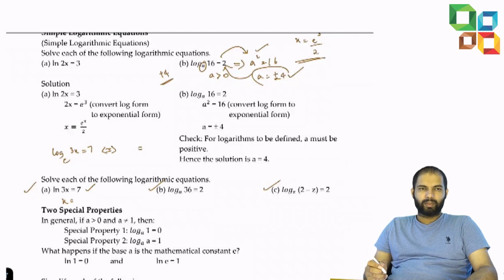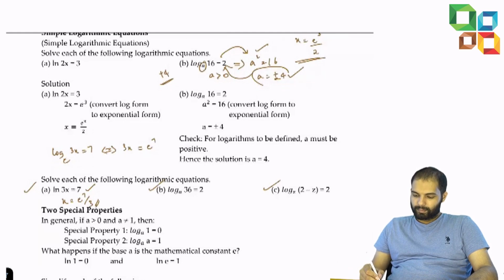Try to answer. It's fine, it's wrong. That's why e to the power 7 by 3. e power 7 is equal to 3x, so x is e power 7 by 3. Now this is the equation, correct? Always do that step so that you won't make a mistake. You said 7 power 3. Okay, fine. Correct, now it's sorted.